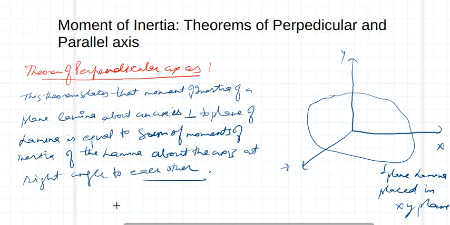Now, according to this theorem, the moment of inertia about the z-axis is equal to Ix plus Iy. Right, this is what we want to prove.